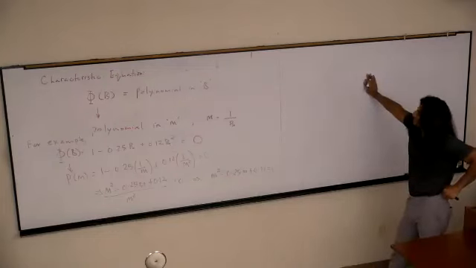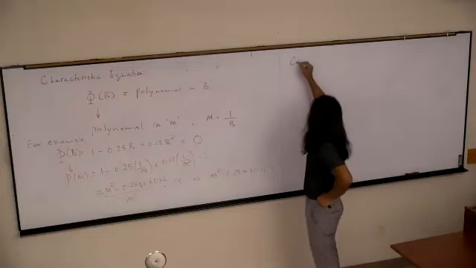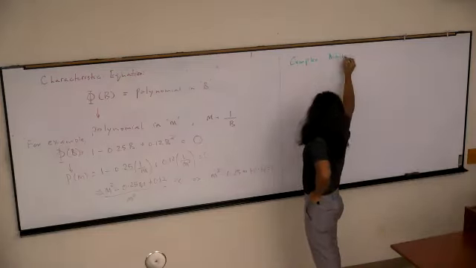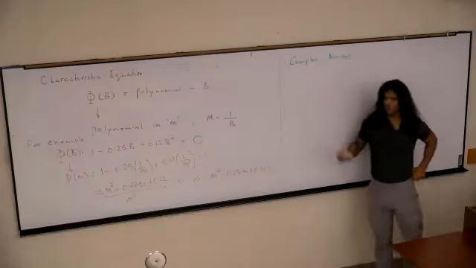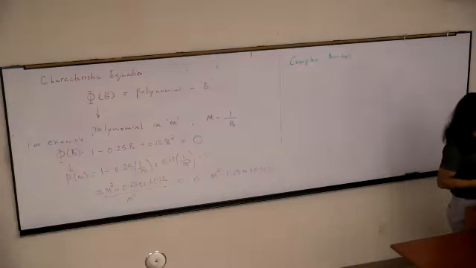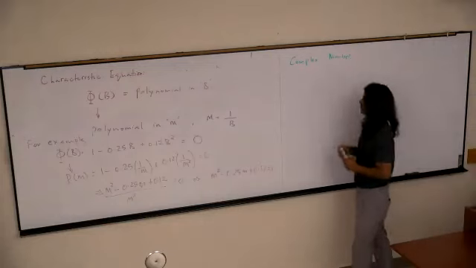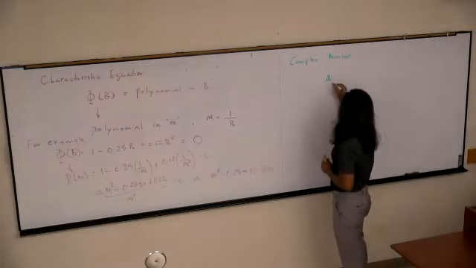Okay. So a quick introduction on a complex number. Pretty much every number that we encounter in life is a complex number. We just don't see it that way. The standard form of a complex number is a plus i b.